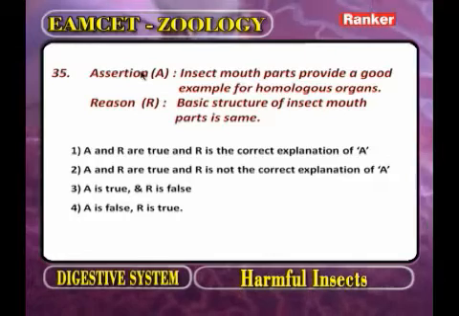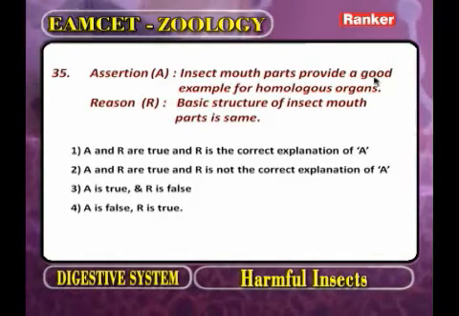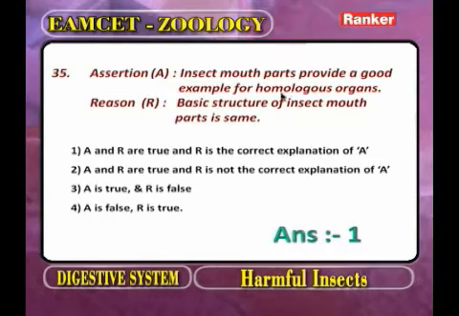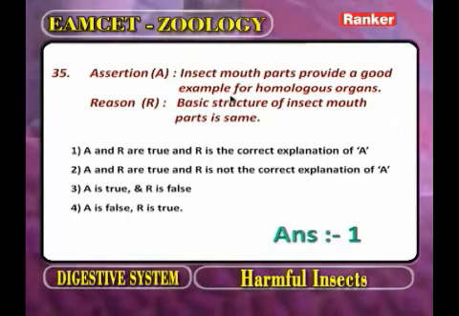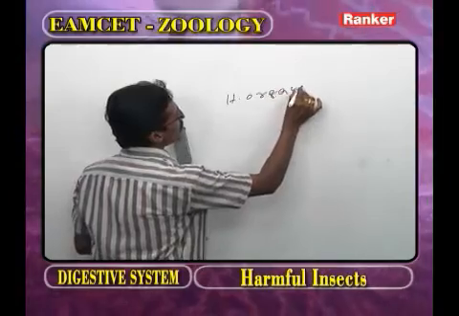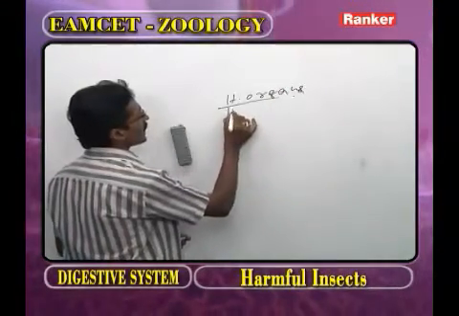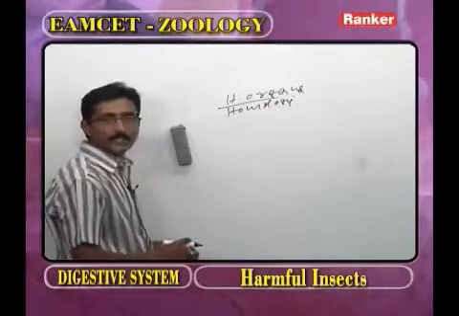Again assertion: insect mouth parts provide a good example for homologous organs. Now, what are homologous organs? The study of homologous organs we call homology.